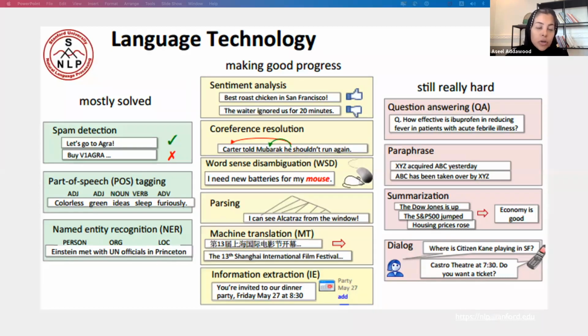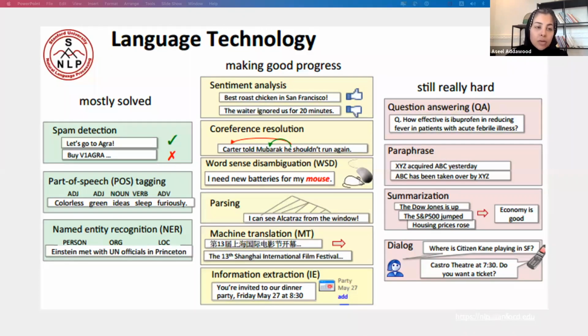This is also a great summary of the language technologies in natural language processing that have been solved, are making good progress, or are still really hard and very challenging to work with.